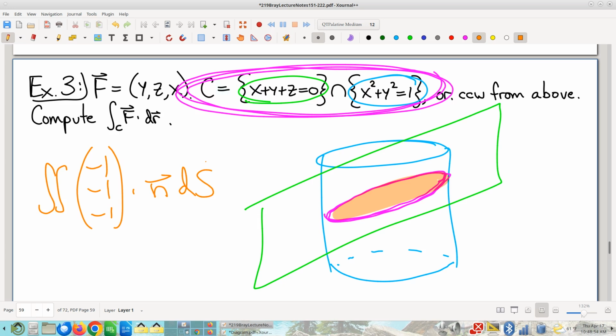And, oh, hey, cool, I can understand that little n, because the little n is a normal vector to our surface.